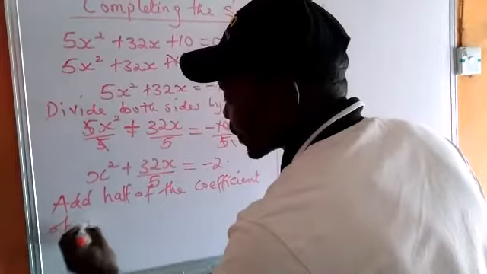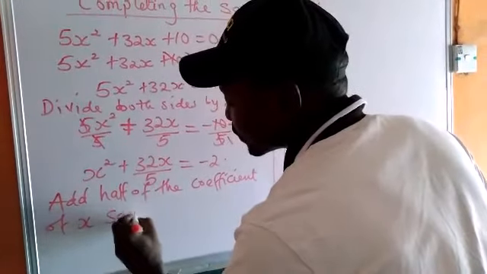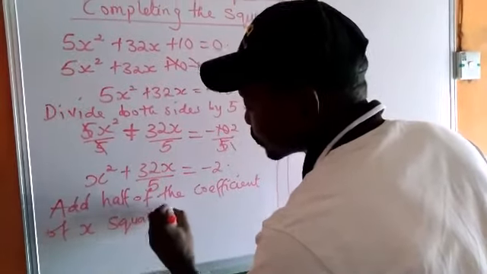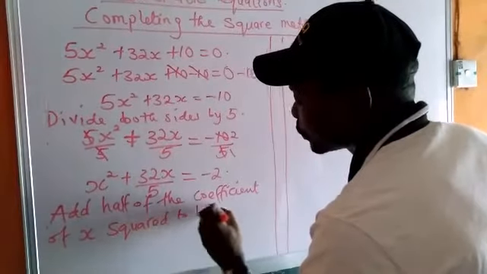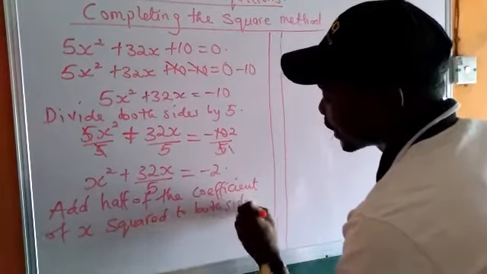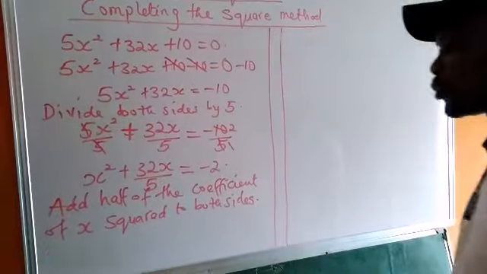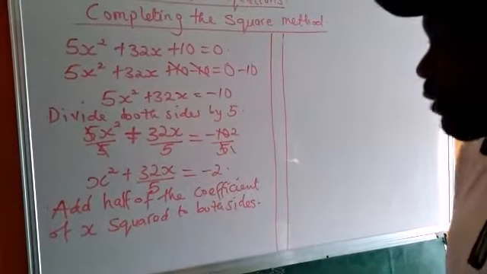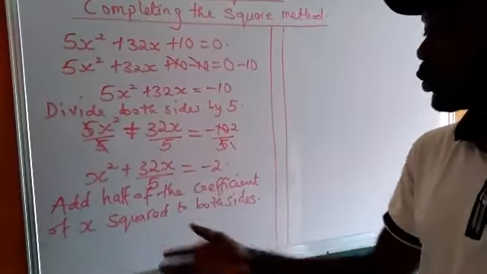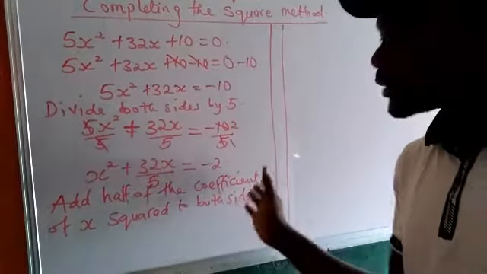So what we are trying to say is that half of this coefficient of x, you square it, then you add it to both sides.